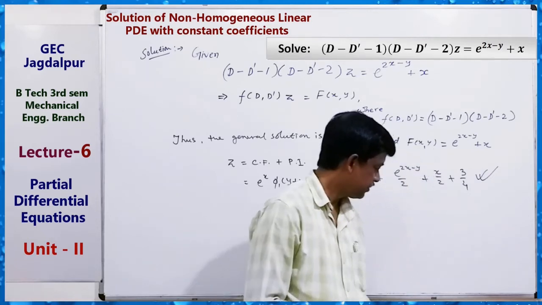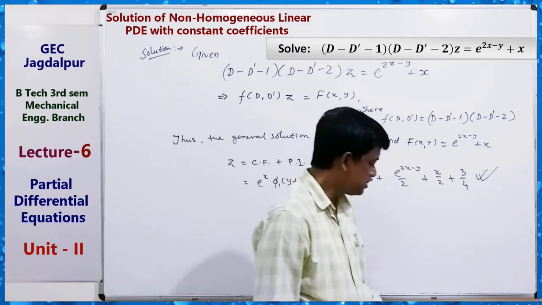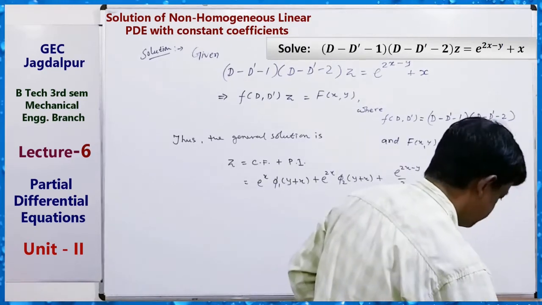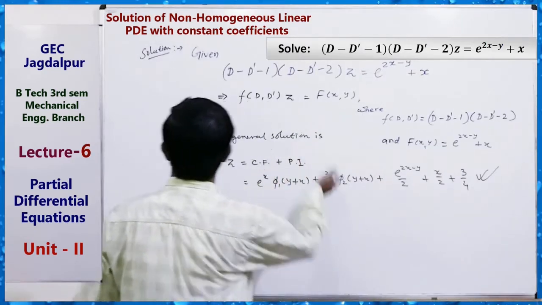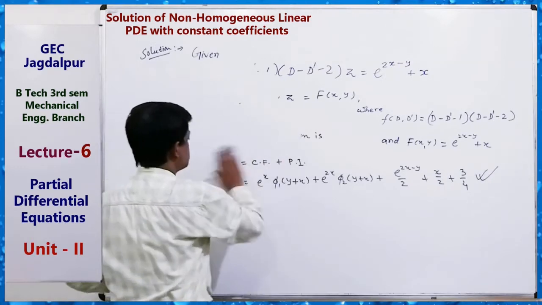Now take the question: D square minus DD dash plus D dash minus 1. Take another question.